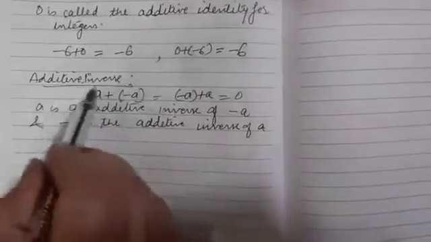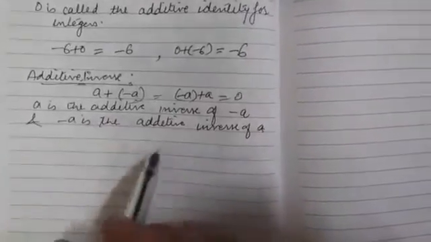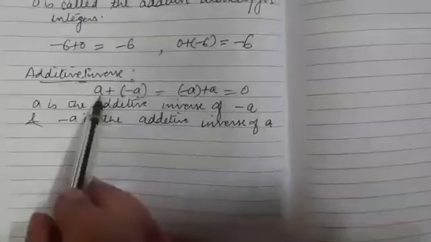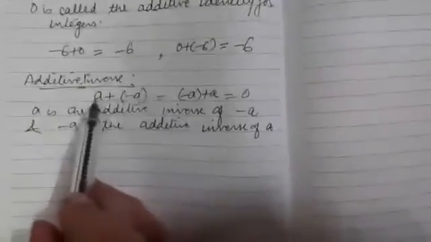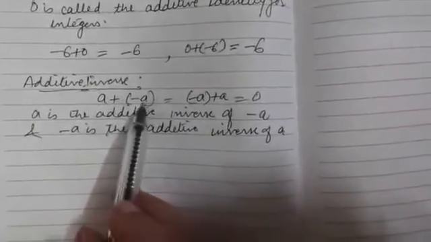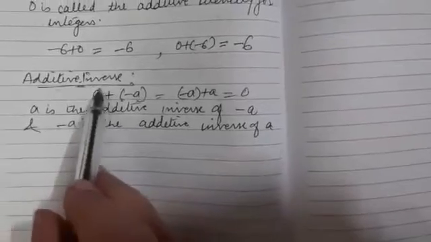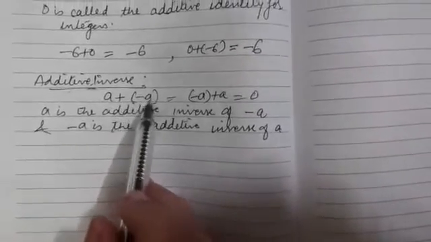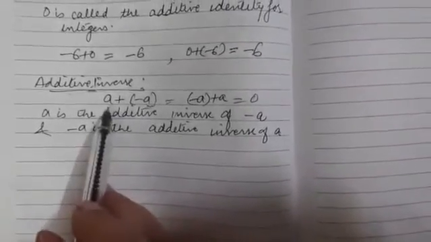So what is the additive inverse? The number obtained by changing its sign. Here the additive inverse of a is negative a, the additive inverse of negative a is a. So the additive inverse is obtained by changing its sign.